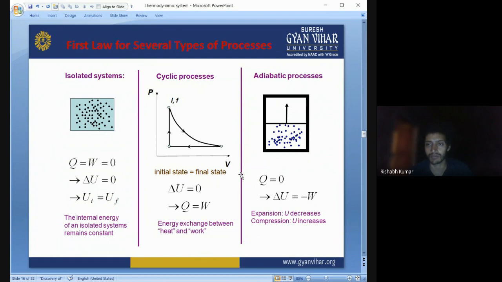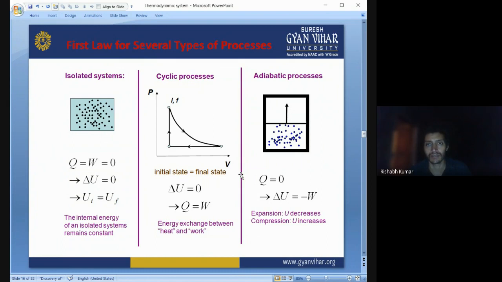So there will be no change in internal energy, so delta U is going to be zero. So all the heat and energy that is entering or exiting the system will be in the form of work done. Okay, so energy exchange between heat and work.